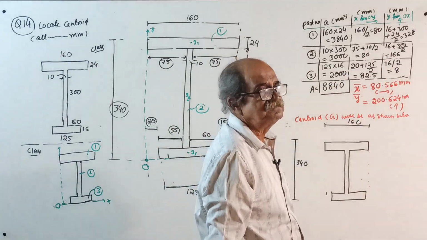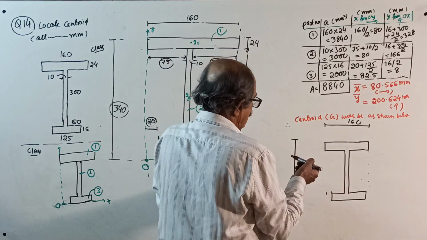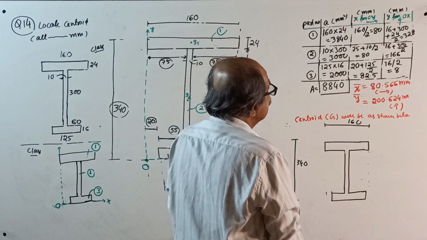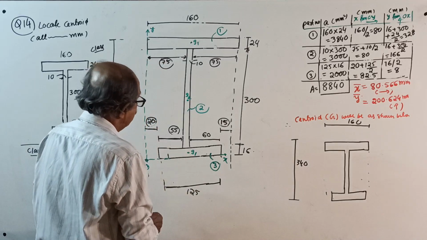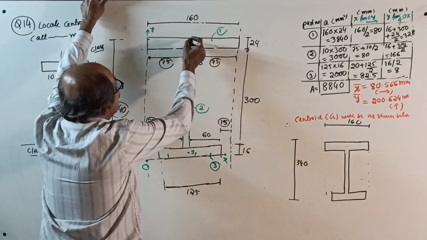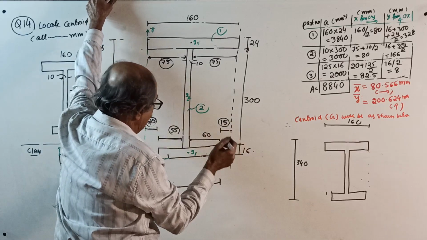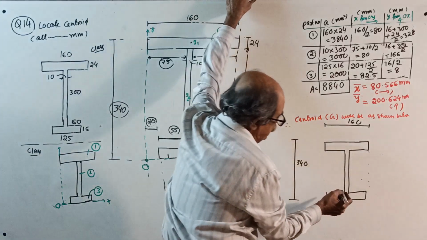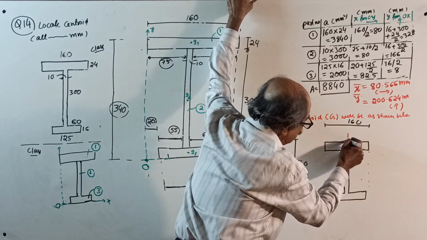You got the answer. Okay, then lastly, centroid G will be C now. X bar 80.556. See, from here to center of this web is 80. So 80.556, from center of web, very, very minutely to right side.